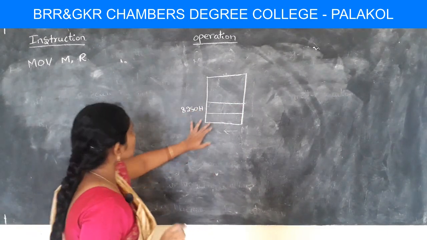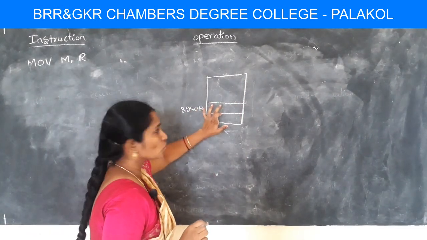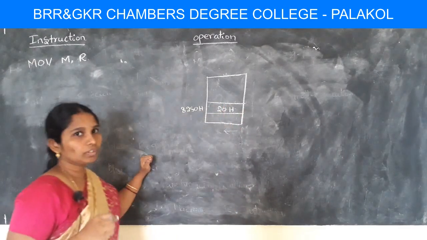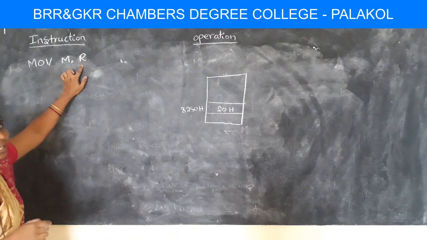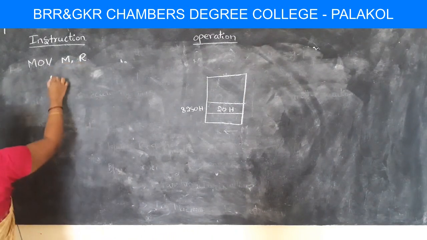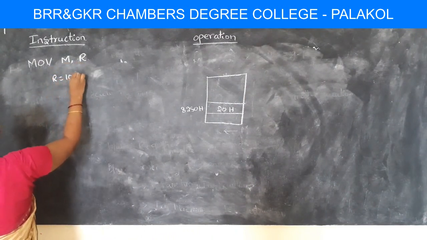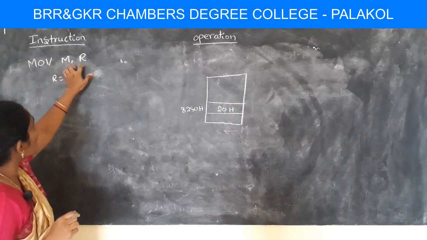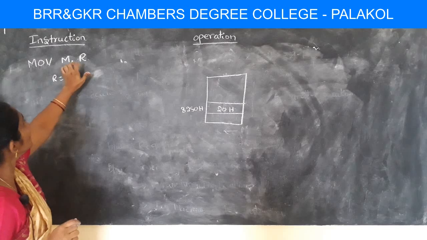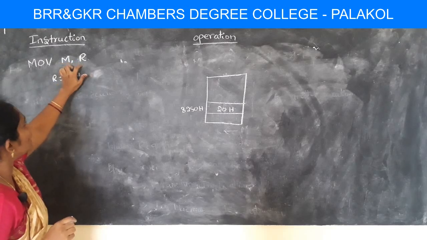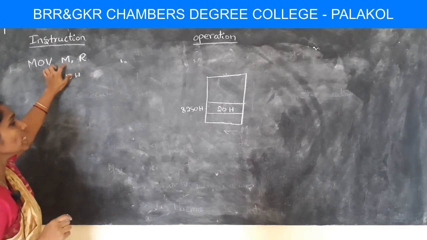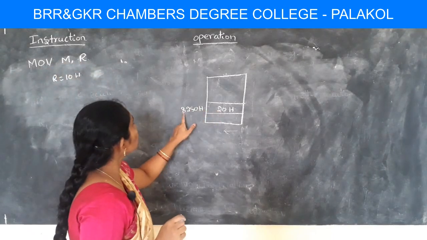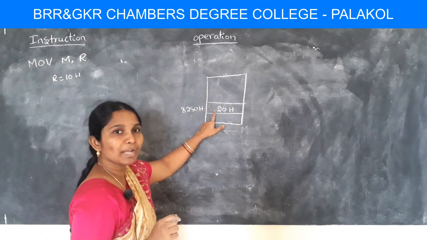In this address it stores 20H. Initially this register has 10H. So whatever data is present in this register is moved to this memory location. What is the memory location here? 8250 is the memory location.